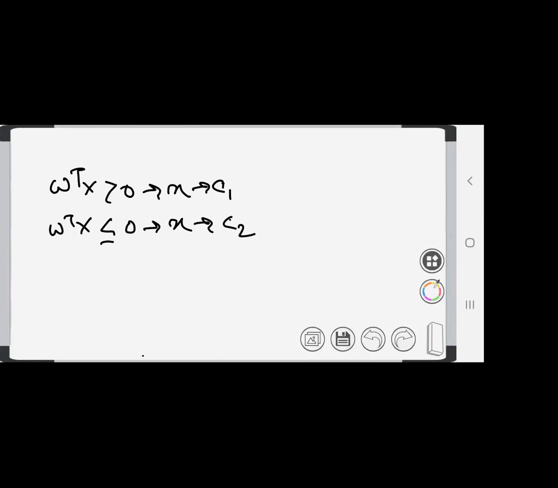This is the condition. In the second line, we have arbitrarily chosen to say that input vector x belongs to class 2 if W transpose x is equal to 0. Now, given the subsets of training vectors H1 and H2, the training problem for the perceptron is to find the weight vector W such that these two inequalities are satisfied.